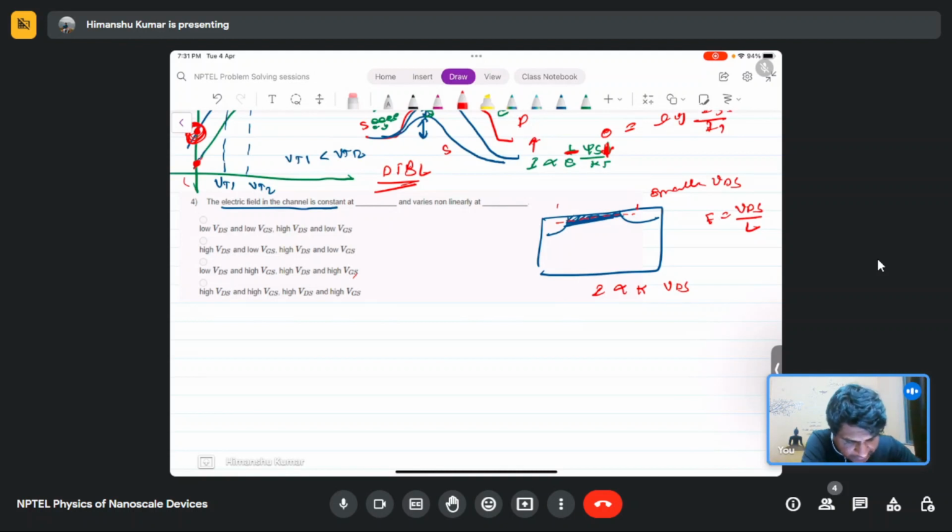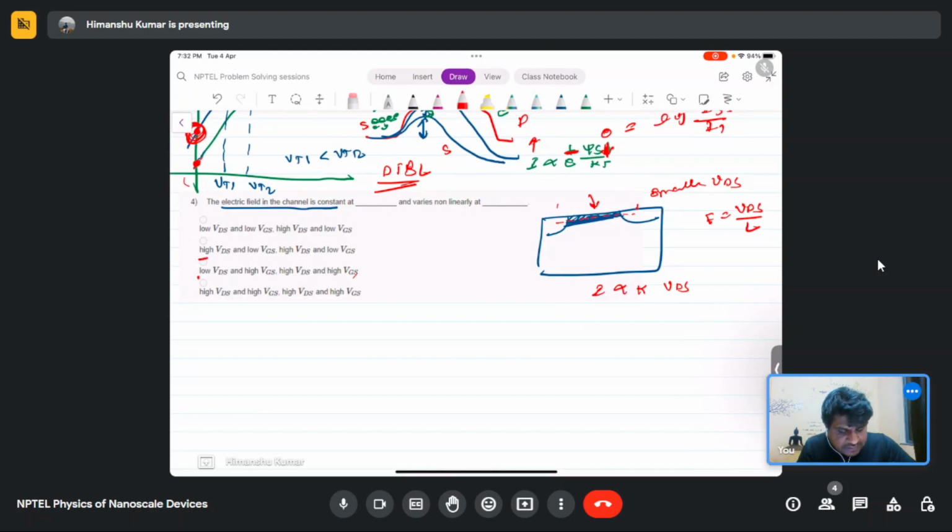At low VDS and high VGS, you need to create the channel for the current to flow. So you apply a gate to source voltage higher than VT, and a very small drain to source voltage. At low VGS this won't be true, because the channel is not there.